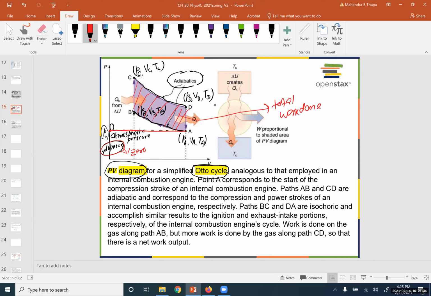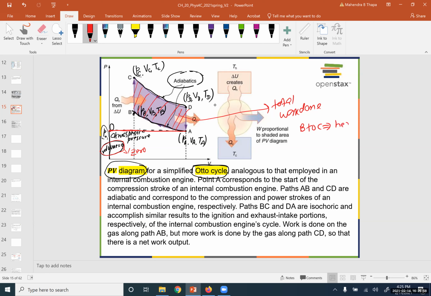This means from B to C, heat enters the system, and from D to A, heat will go to the sink. So here B to C, what will happen?